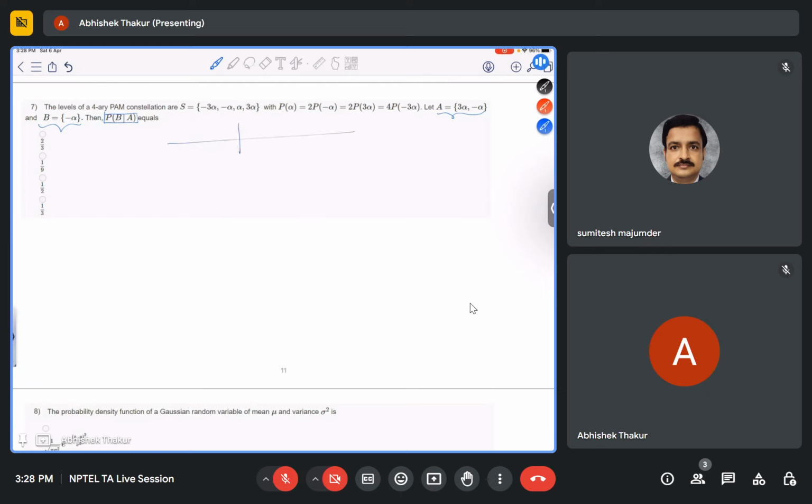The constellation diagram is like this. This is at alpha, 3 alpha, minus alpha, and minus 3 alpha. So the probability of each constellation point is given as the probability of alpha is equal to twice the probability of minus alpha.